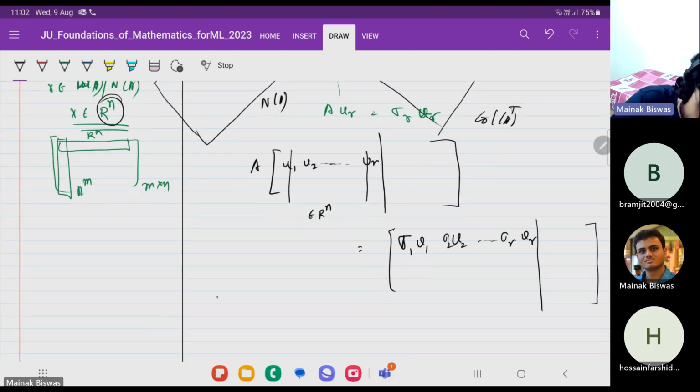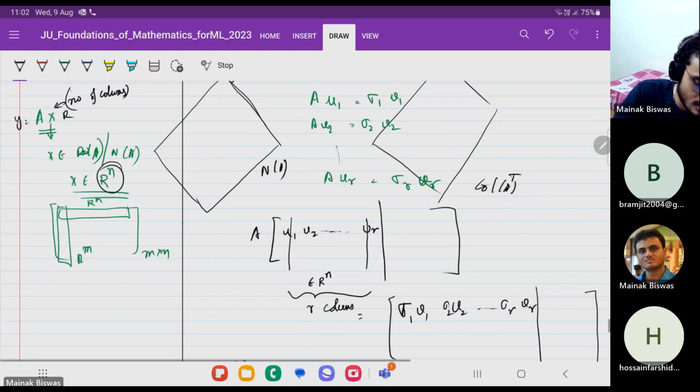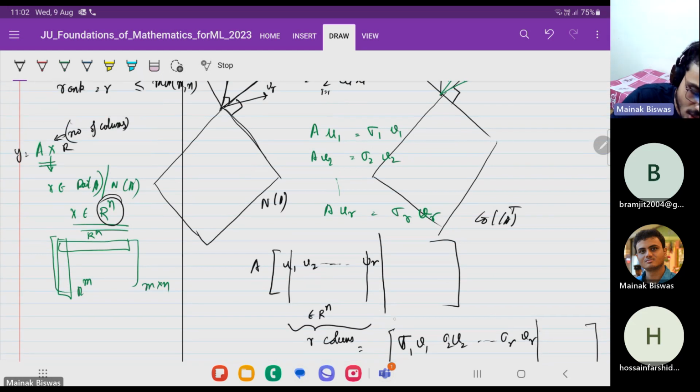Okay, so you can write A U. So this is R dimensional, R columns. So how many would be in the null space of A? Do you agree there will be n minus R columns?